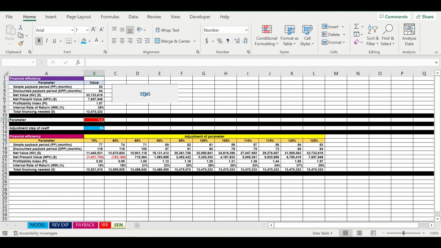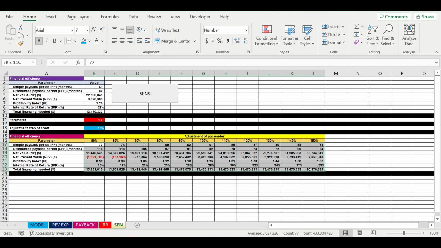Here we can see that 15% is okay, but at 20% we go negative. We can test absolutely any parameter and see how it affects the financial efficiency. So this is a very valuable thing during scenario analysis.